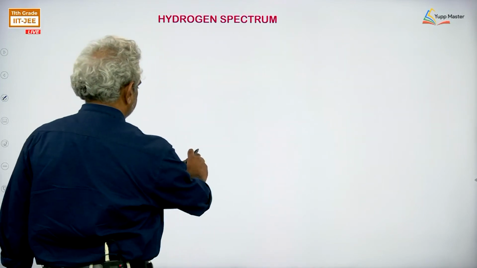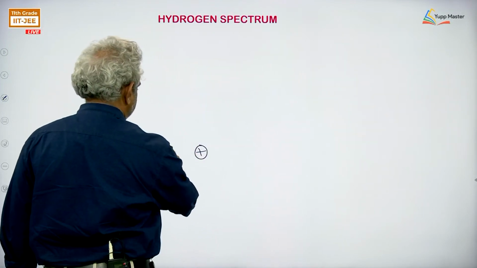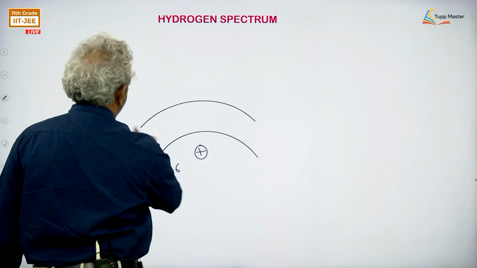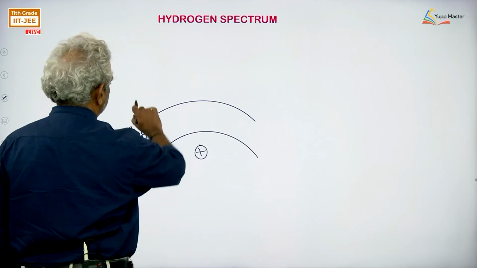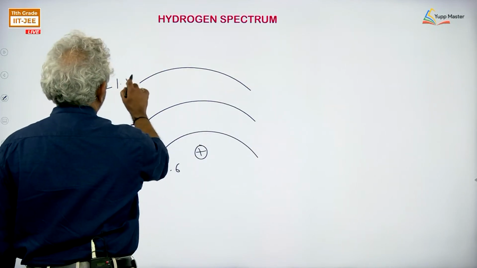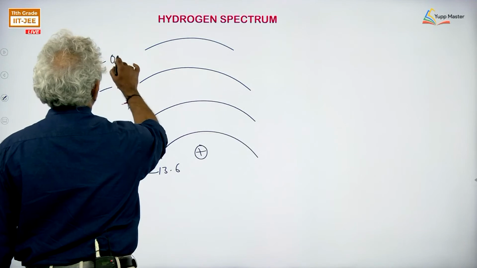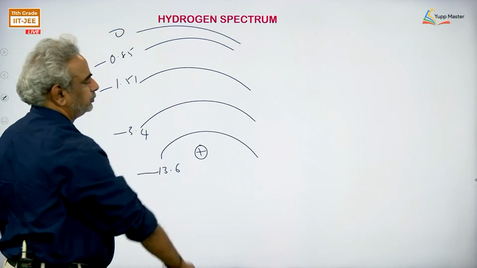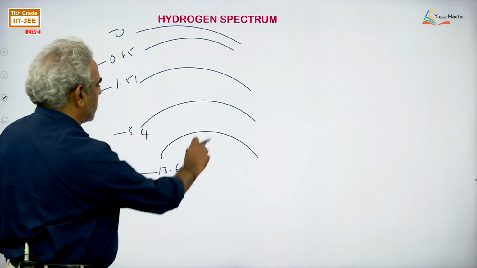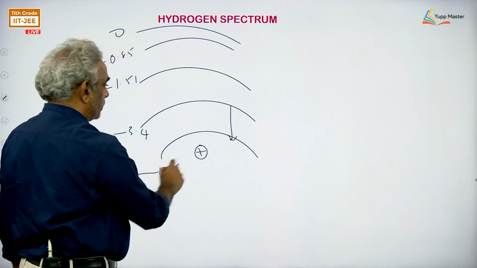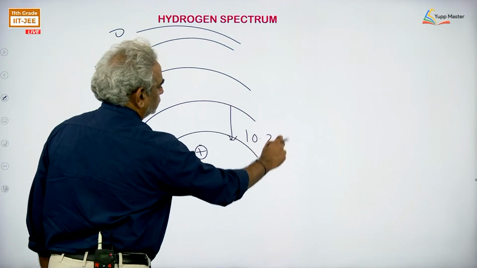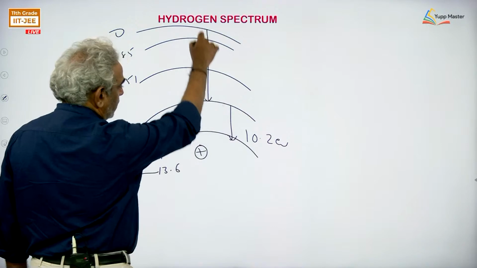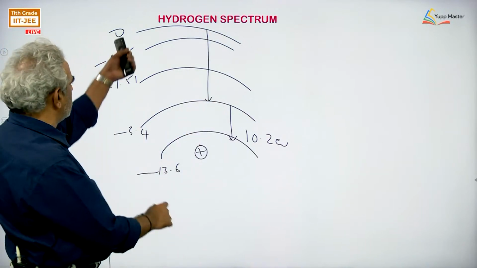We have discussed this many times. Suppose the energies are minus 13.6, minus 3.4 electron volts, minus 1.51, minus 0.85, and at infinity 0. If you take the energy gap between the first two, it is 10.2, a big gap. If you take the energy gap from infinity to the second level, it is just 3.4.